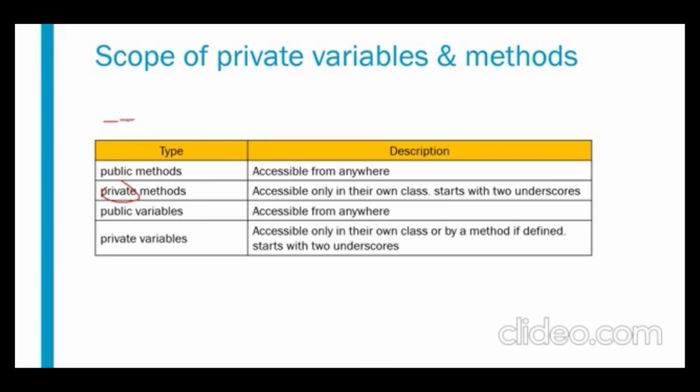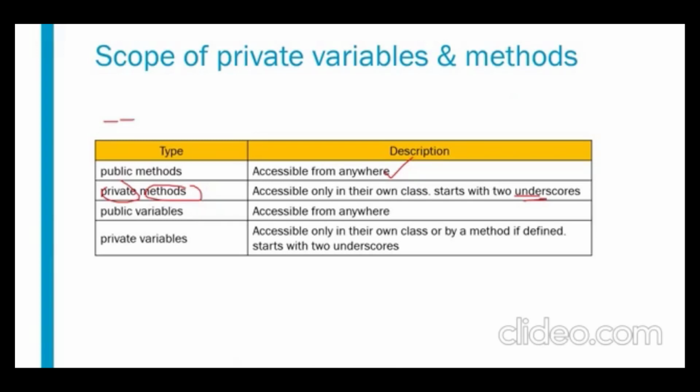If I don't specify underscores, it will be treated as a public method. Public methods are general methods accessible from anywhere, with no restriction. But private methods are accessible only in their own class. These private methods start with two underscores, and we can access them only within the class. Outside of the class we cannot access them.